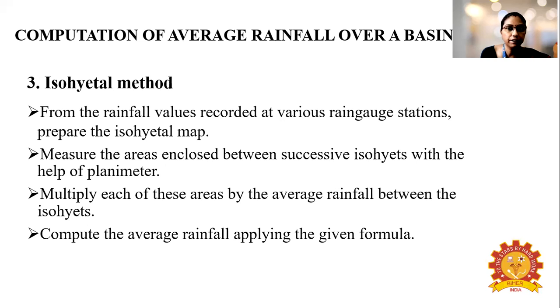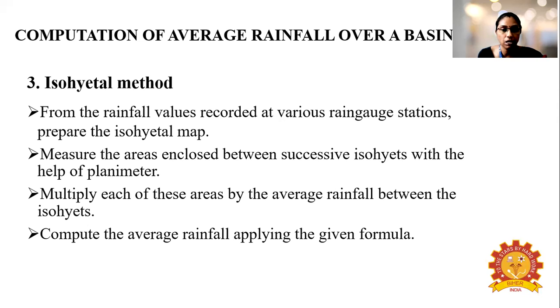That is how we will get the rainfall values. We can get them from various rain gauge stations which are kept at a particular area to record the amount of rainfall. And then the next step is to measure the areas enclosed between successive isohyets with the help of a planimeter.